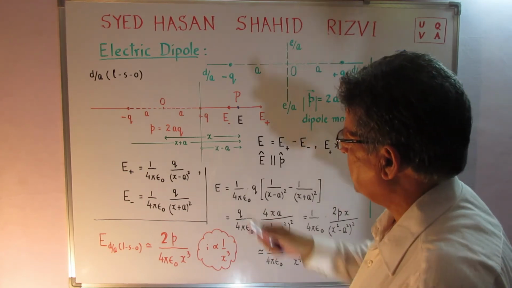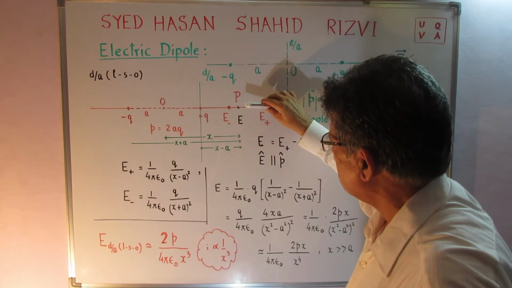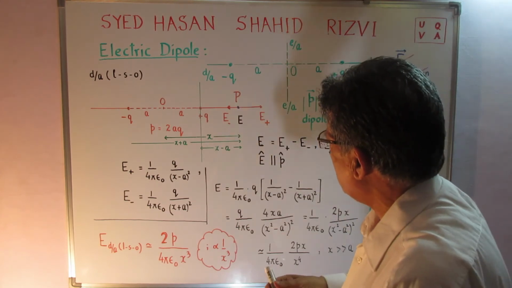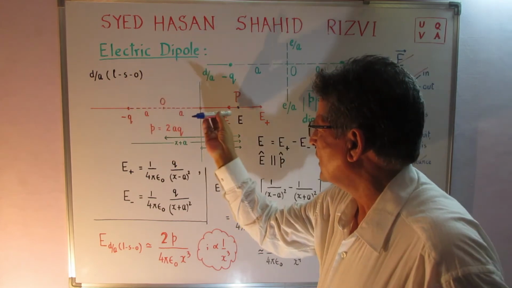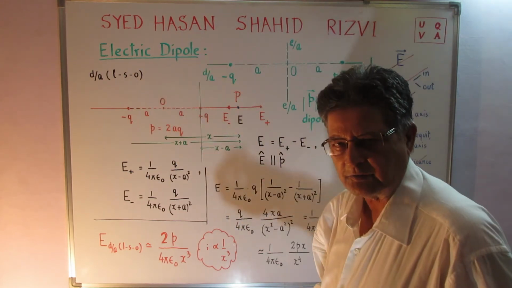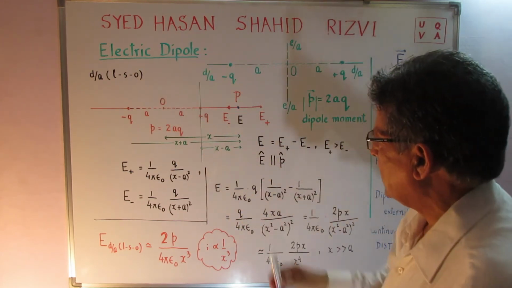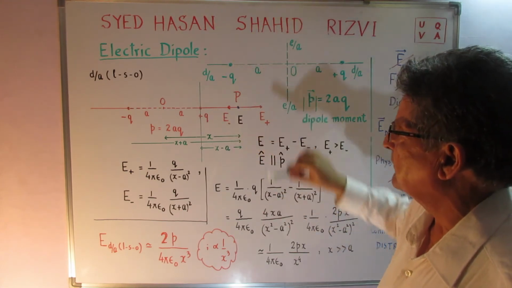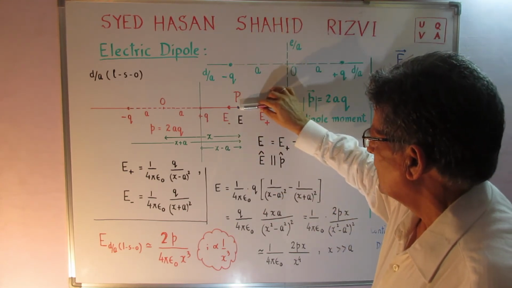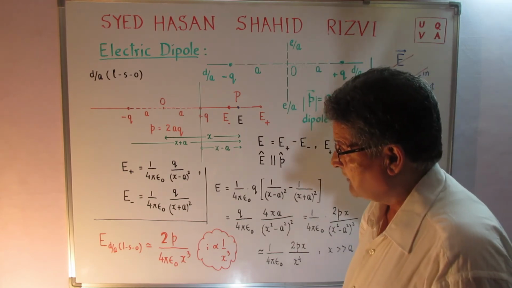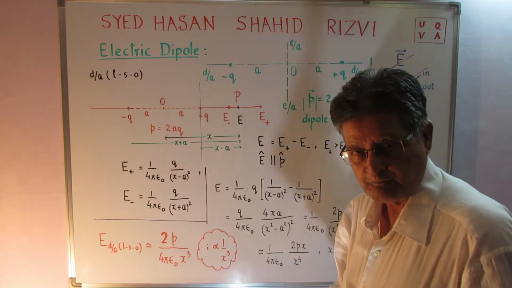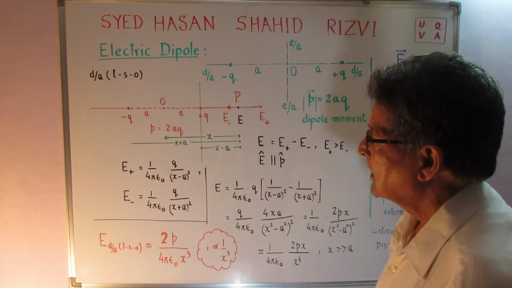The field due to this positive charge will be more as compared to the field due to the negative charge, which will be an attractive field. So the direction of the resultant electric field will again be in this direction. This is also the direction of the vector P, which I have not shown here.